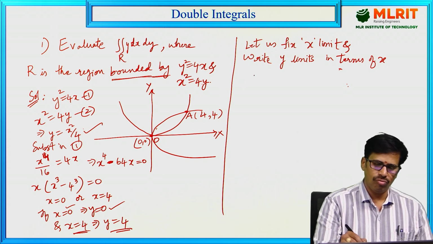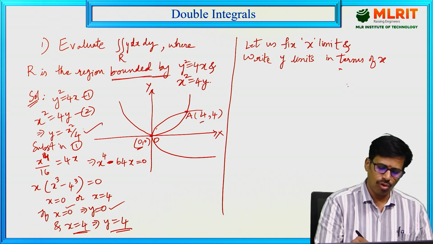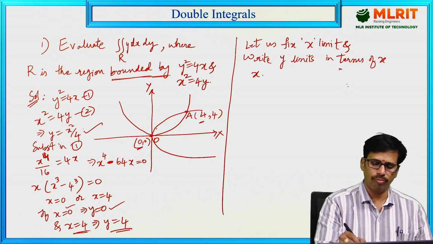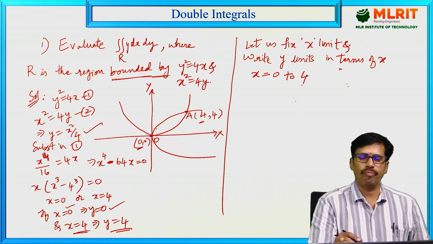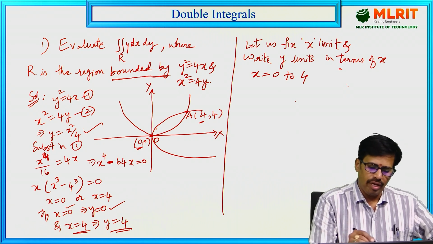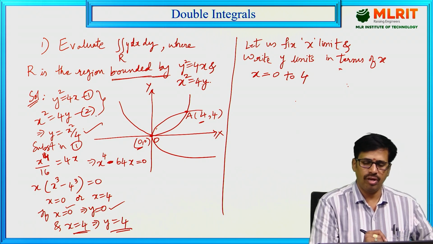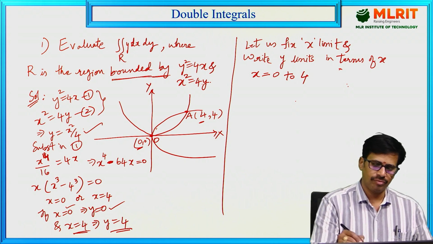How to fix limits: see here, the x coordinate is changing from 0 to 4. So x varies from 0 to 4. Now we are fixing the x limit as constant. Now from these two curves, equation 1 and 2, write down y in terms of x.